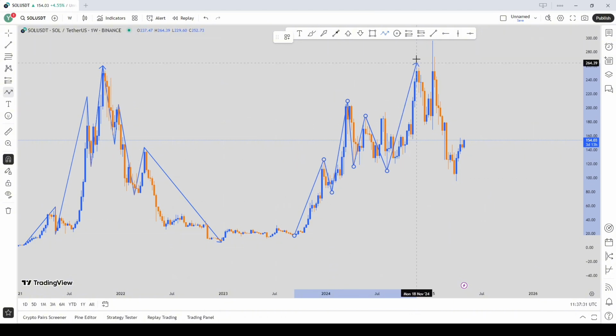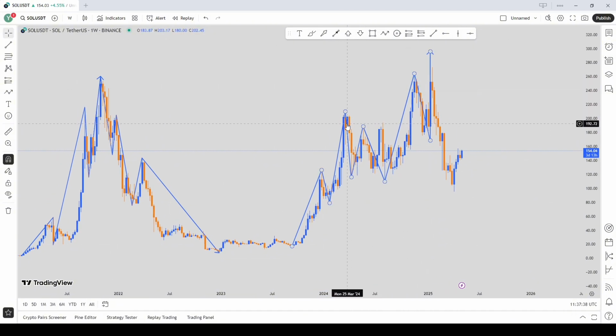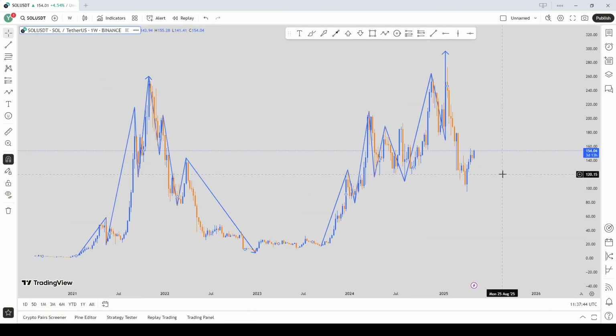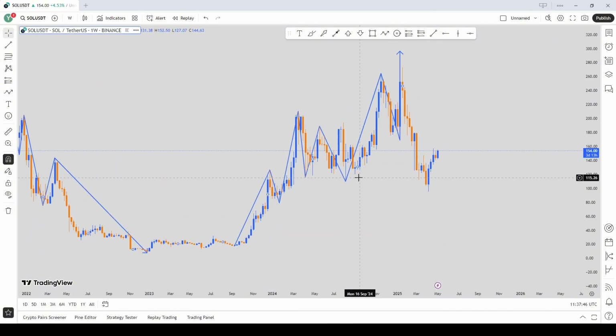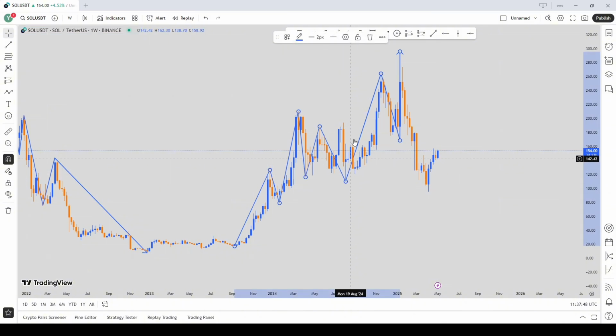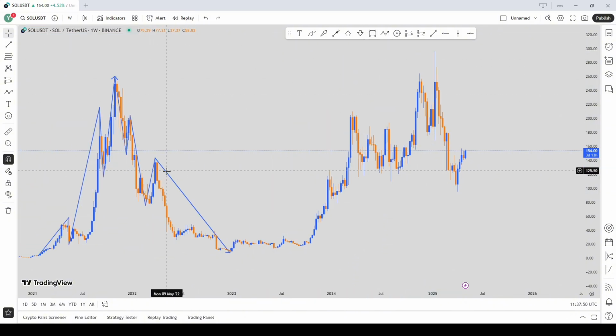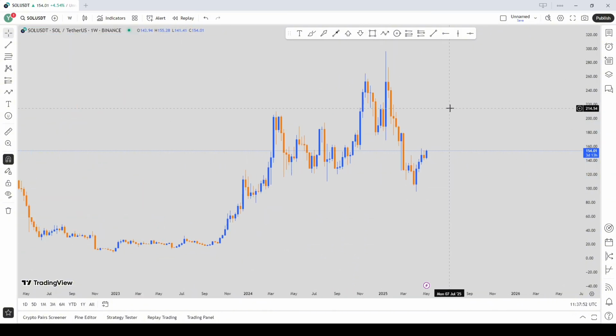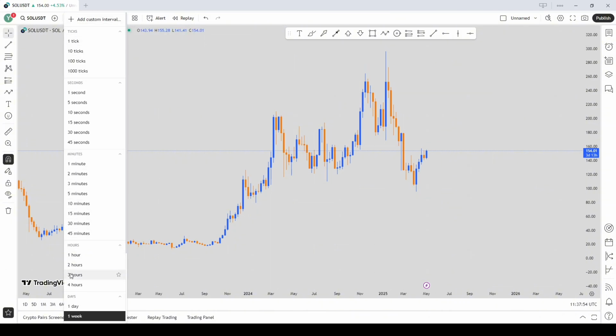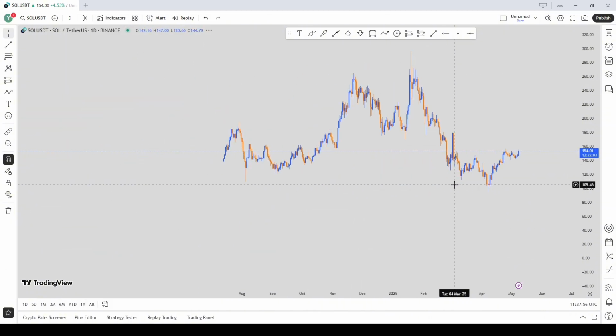Now, we have observed the schematic of Solana's movements. To take a closer look, we move to the daily time frame.